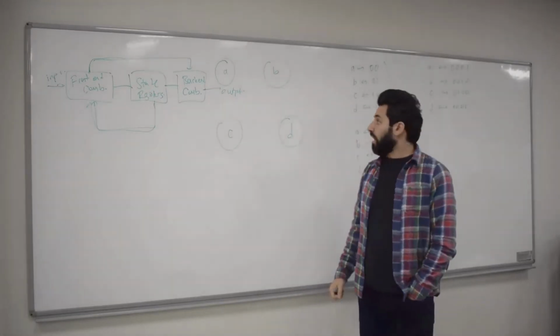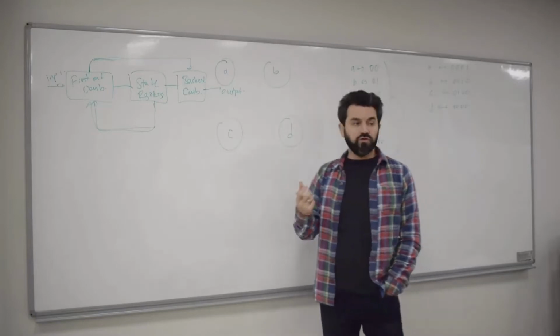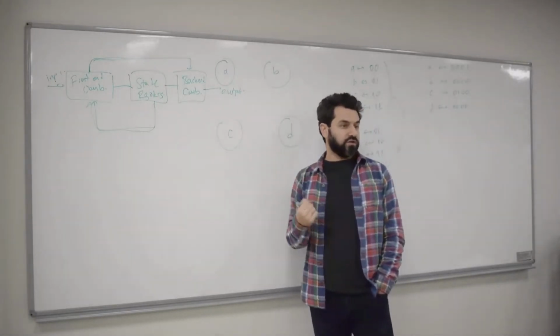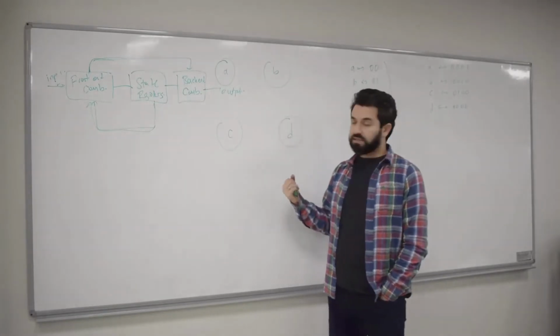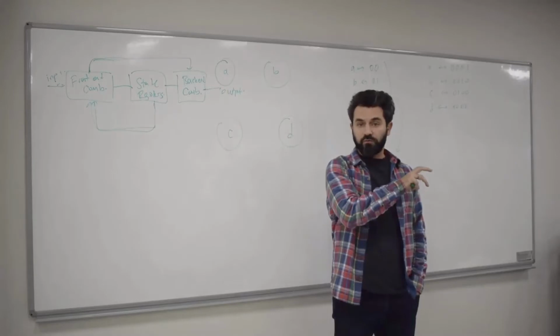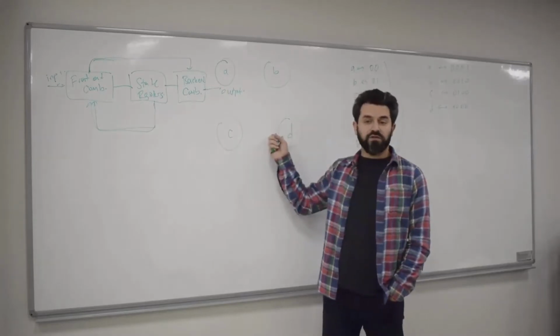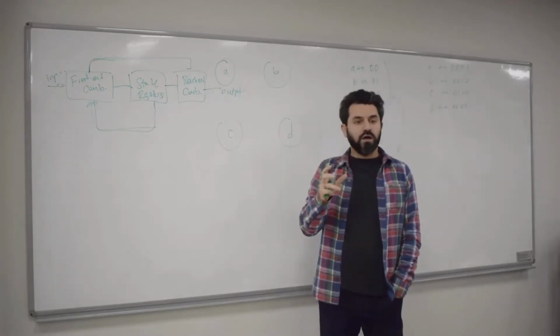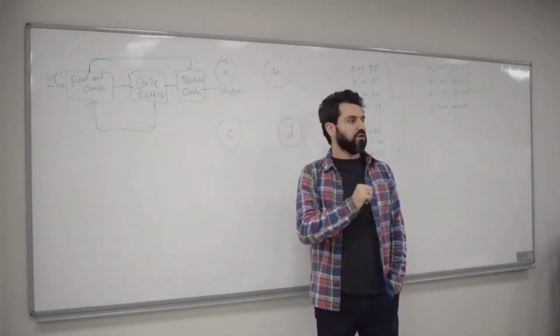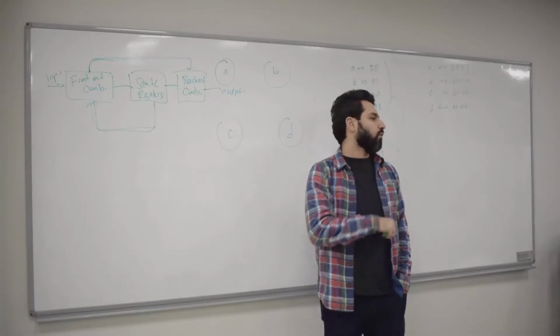However, most of the problem students are facing in sequential circuit design is the transformation of an English description of the problem into the state diagram representation. Okay, that's why I want to focus on this particular challenge that students most of the time face, in the exam or in the homeworks.